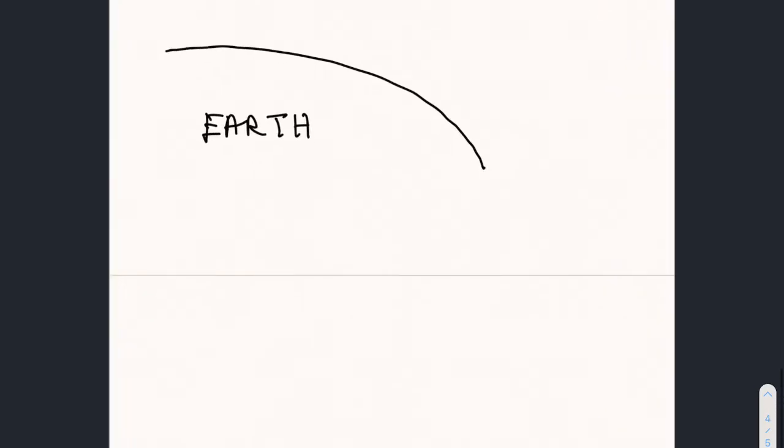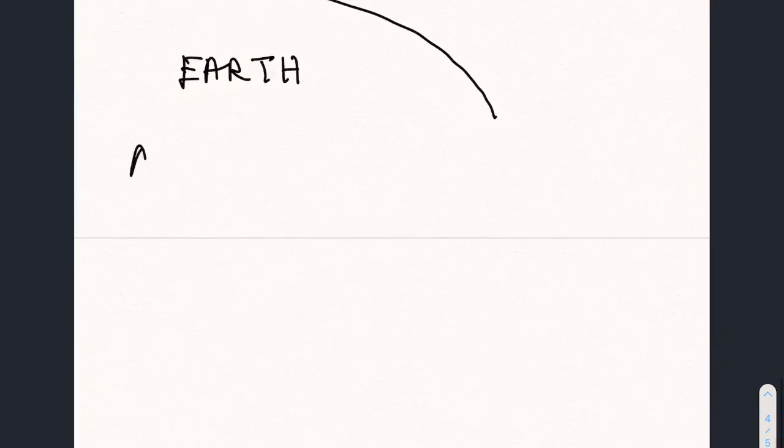So let's write it down as a summary. Particle is an idealization.